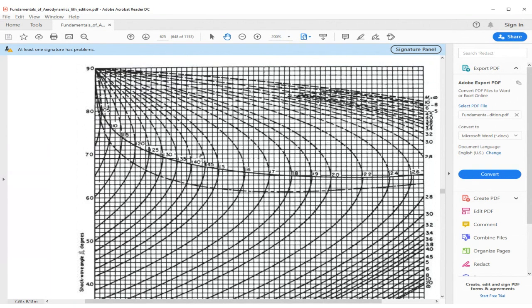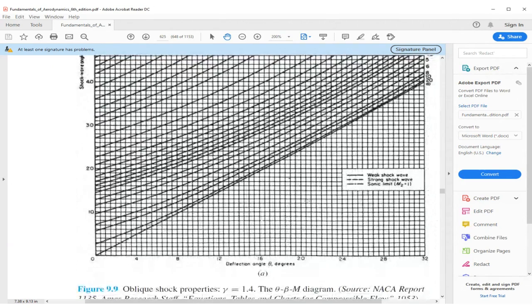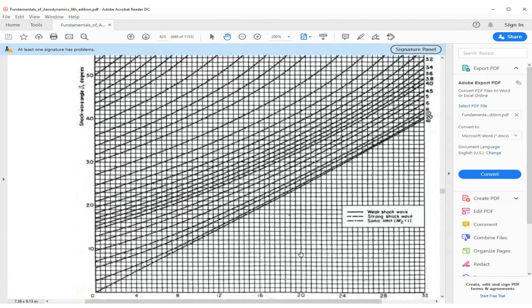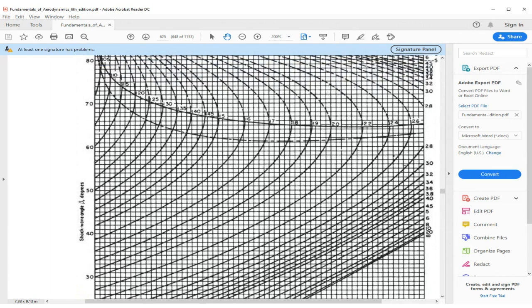Okay, so let's knock down a couple things. One is that if I pick an arbitrary deflection angle, say like 20 degrees, I ride that up, and I'm looking, say, for the shockwave angle following a turn of 20 degrees at Mach 3. Well, I got an answer for Mach 3 down here, right?